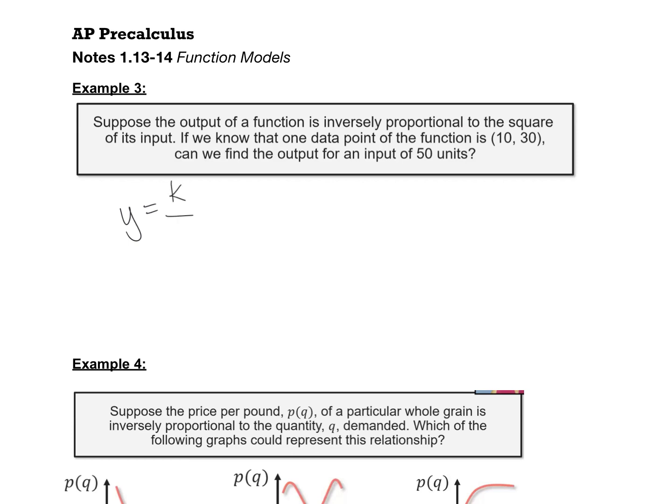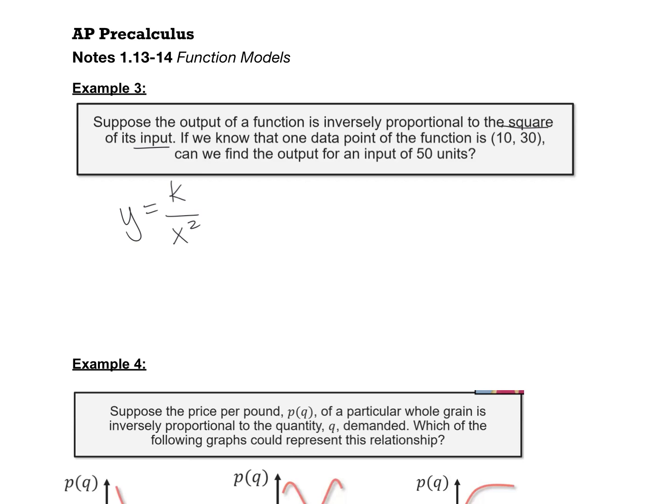That means I want a fraction and there's some number on top, to the square of its input. How would I represent that? X squared, okay? In order for me to do this problem, I've got to figure out what k is. What is that constant of proportionality?